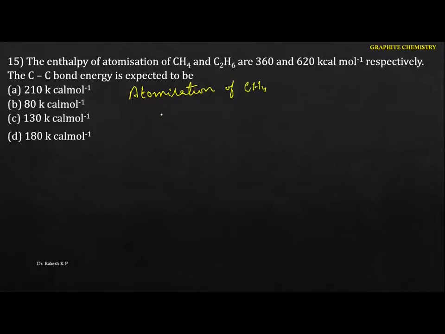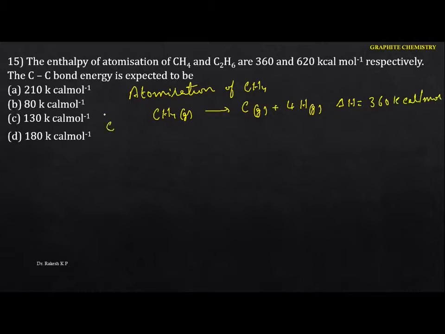So this CH4 is methane, it is a gas. Whenever it is dissociated, we are going to get carbon and also 4 hydrogen. Here the enthalpy of atomization is given as the delta H value, that is 360 kilocalorie per mole. Just identify this one.